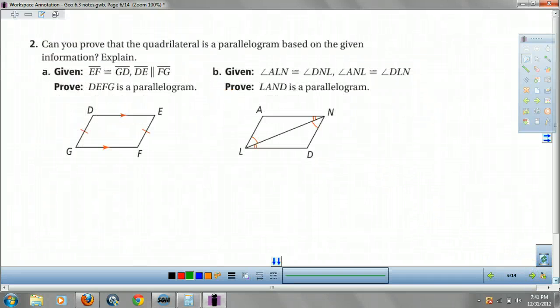Let's try some stuff. Now we have to tell if these are parallelograms based on the given information. This one says that EF is congruent to GD, and DE is parallel to FG. Is it a parallelogram? I need to review.